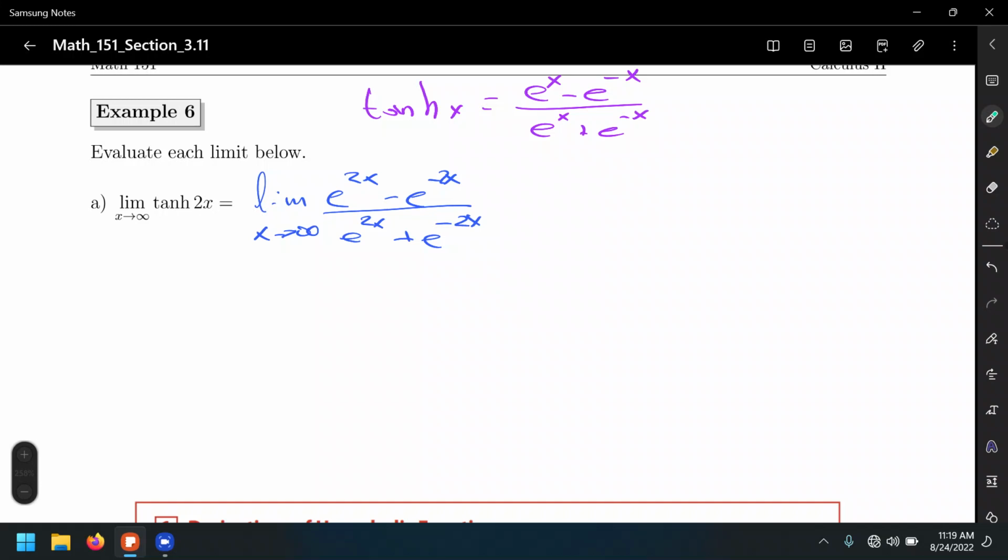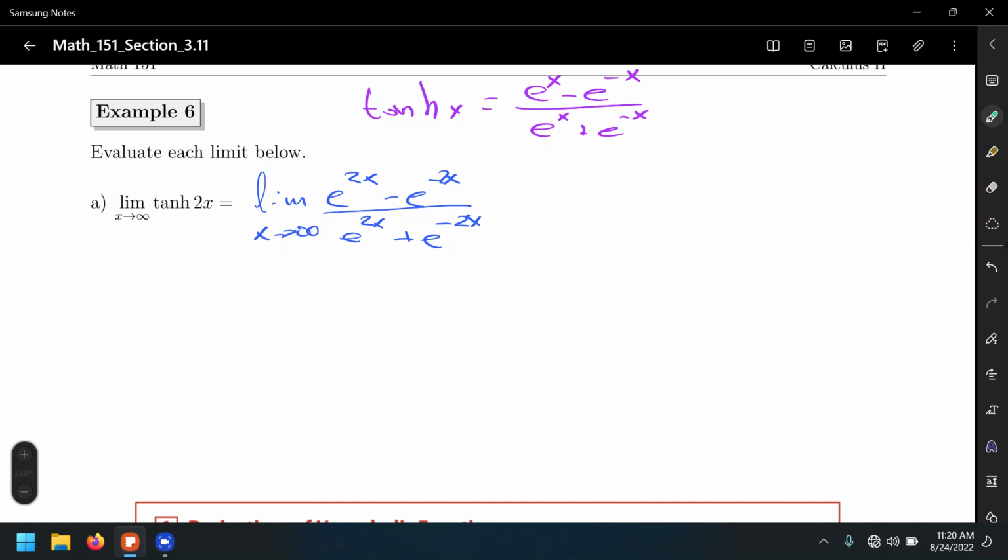the e to the 2x and the e to the negative 2x, one of them is higher in order than the other one, right? Which one is higher in order? Is it the e to the 2x or the e to the negative 2x? e to the 2x, because for any value of x at infinity, that's going to produce larger numbers, not the other one.